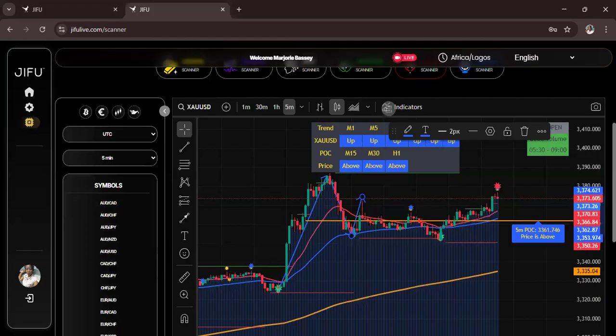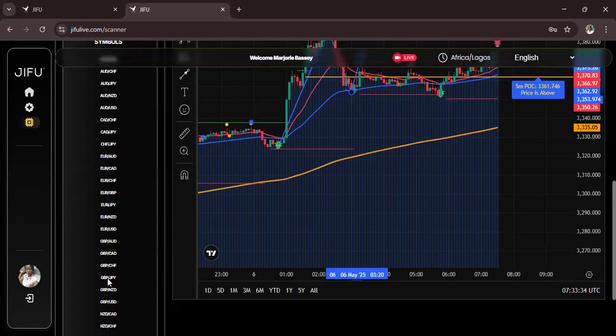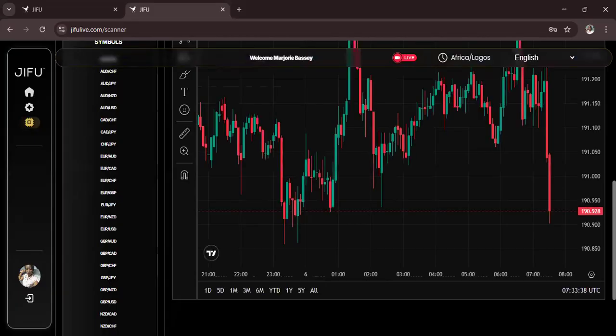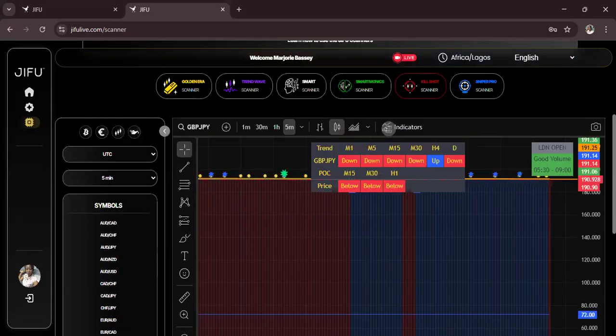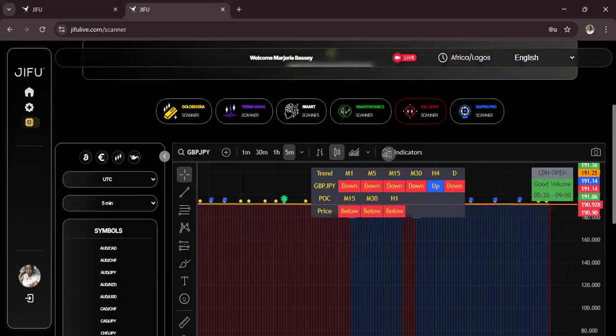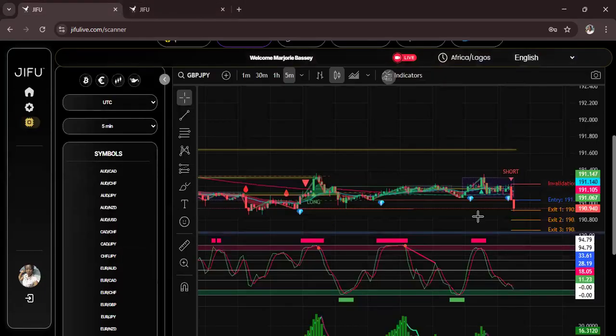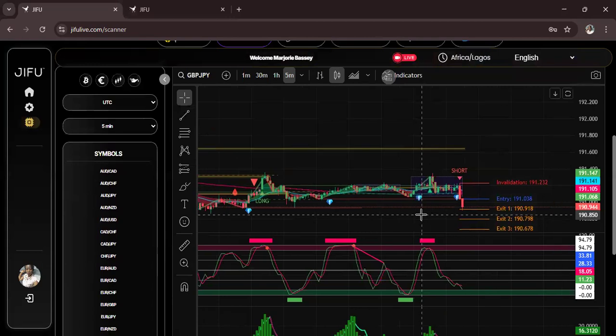GBP JPY. Okay, yes, GBP JPY is actually good. It's almost at TP1, GBP JPY guys.